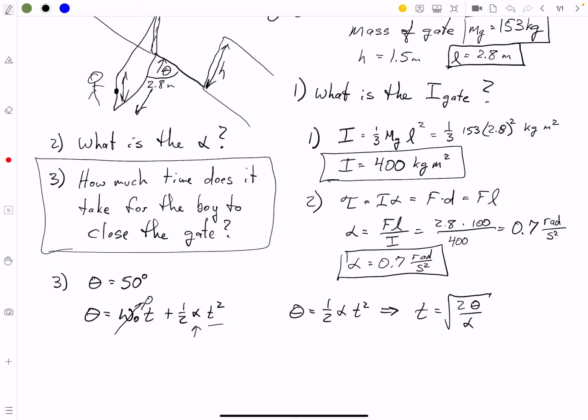Okay. So let's see. Let's plug in some numbers. 2 times 50 degrees divided by 0.7 radians per second squared. I'm seeing problems here. Uh-oh.